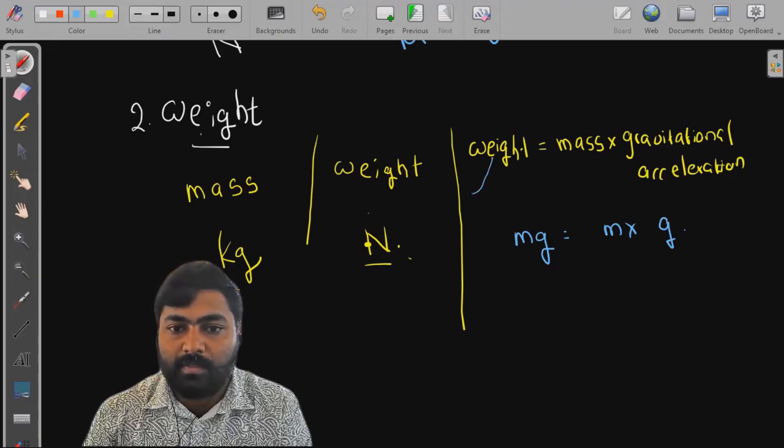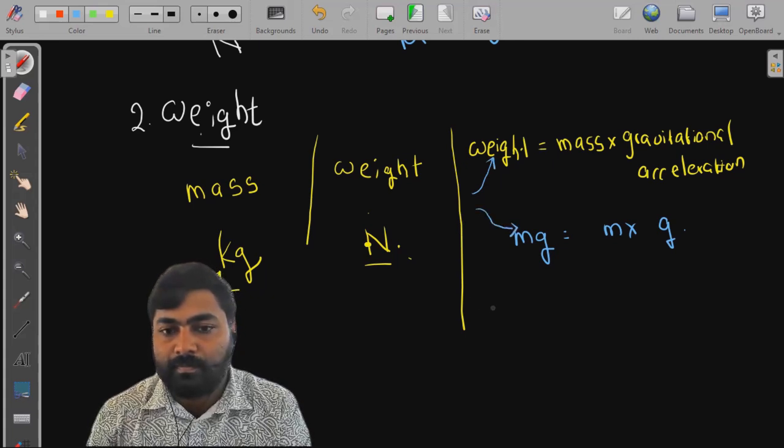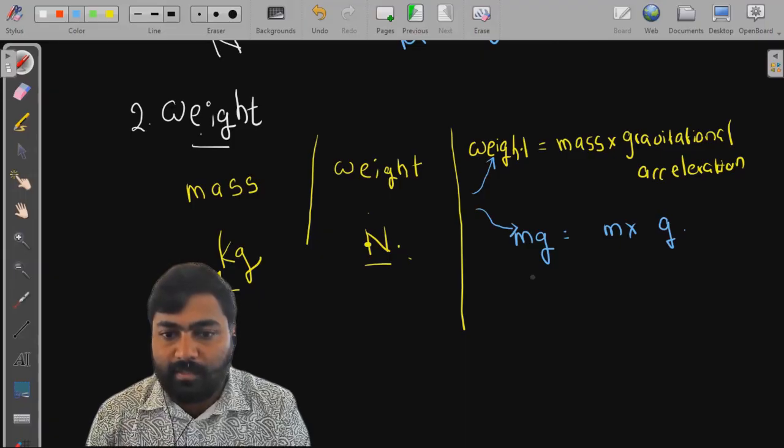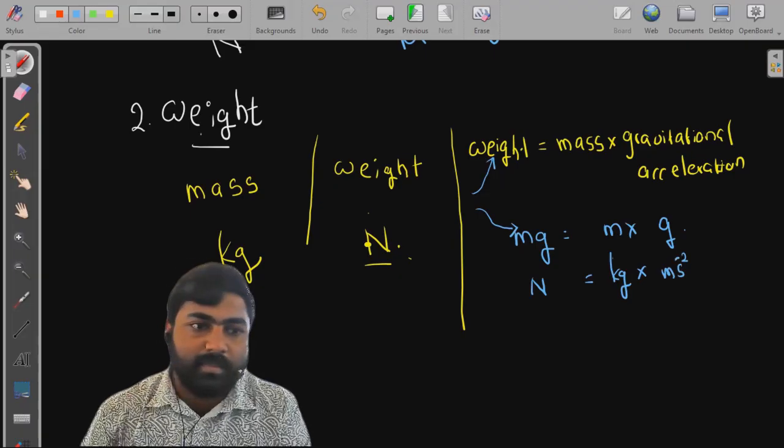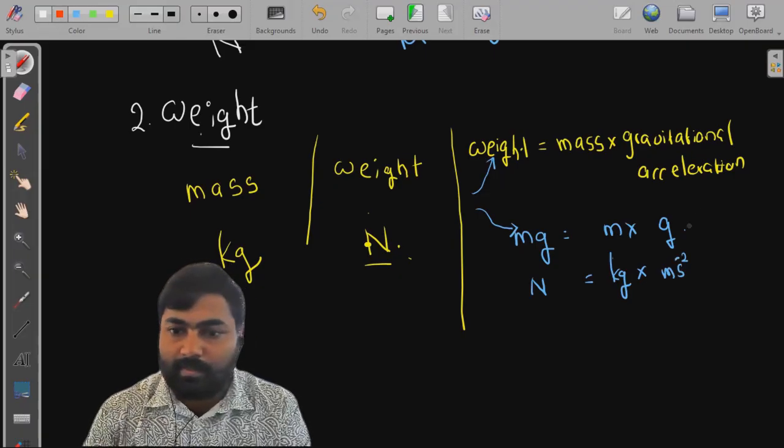This is how we write it using symbols. The unit of mg is Newton. The unit of mass is kilogram, and the unit of gravitational acceleration is m/s².